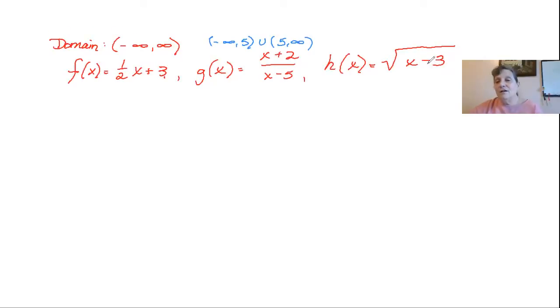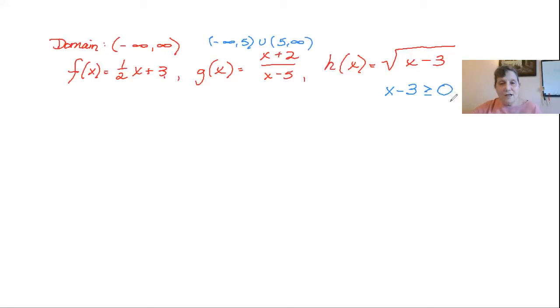But here, this is split between the numbers that make x minus 3 smaller than 0 and the numbers that make it 0 or larger. So we might as well go ahead and find out what it is we can use. We can use anything as long as it makes x minus 3, whatever's inside the radical, either greater than or equal to 0.